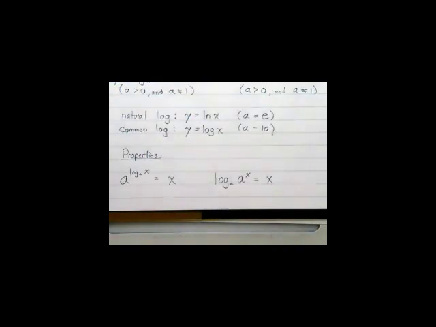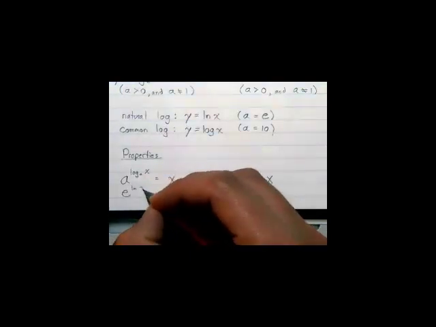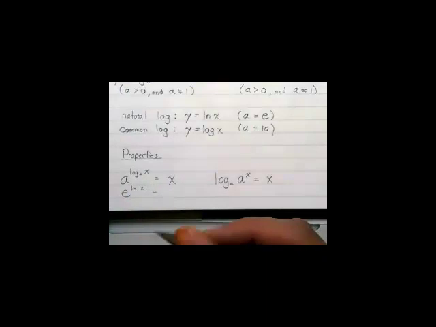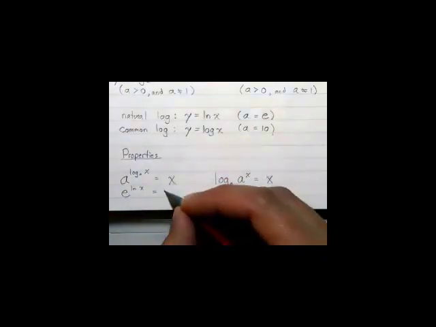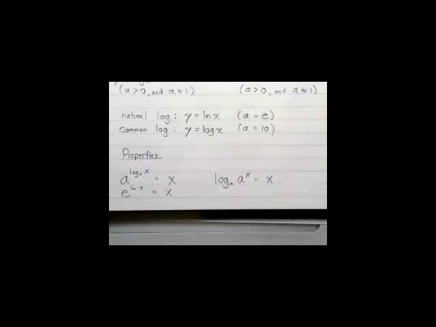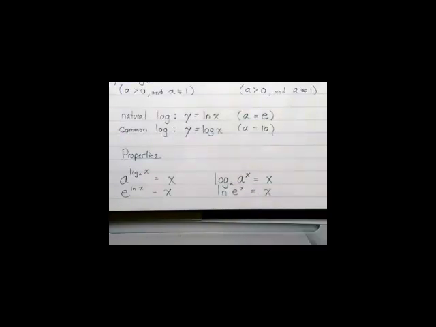Those two operations cancel each other out. It works the same way if you're doing natural logs. They're both exactly the same, using a base of e, but it's good to see it. e to the natural log x is also just x. It's the same rule. And the natural log of e to the x is also just x. Works the same way. Okay?